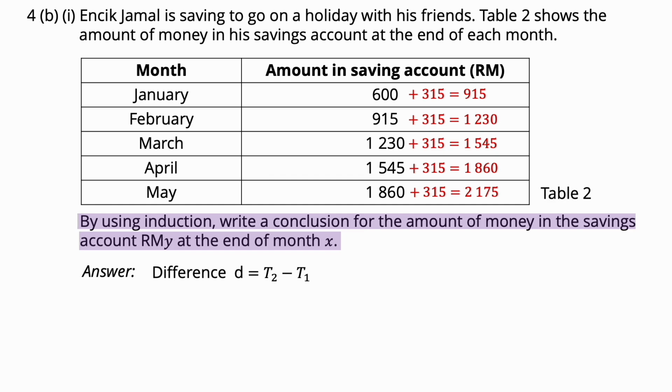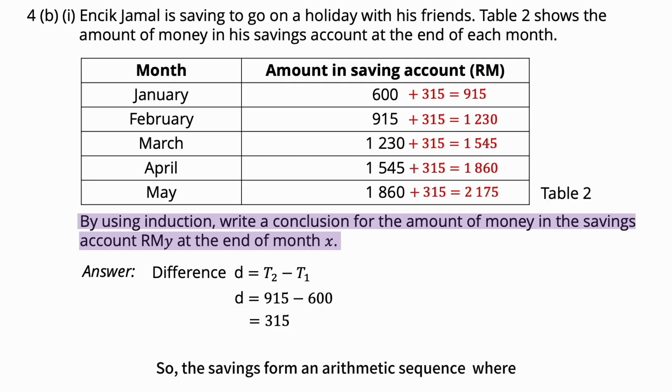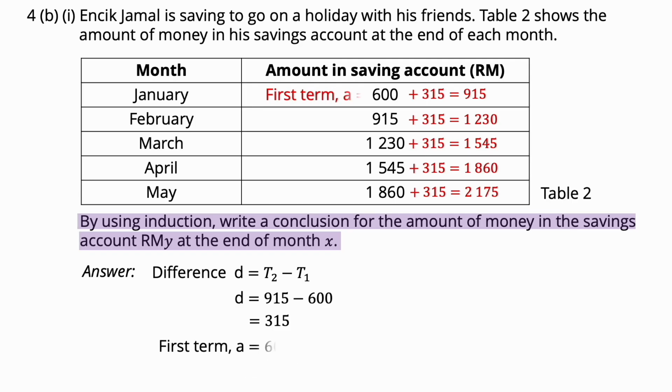That is term 2 minus term 1, 915 minus 600 equals 315. So, the savings form an arithmetic sequence, where the first term equals RM600, and the common difference equals RM315.